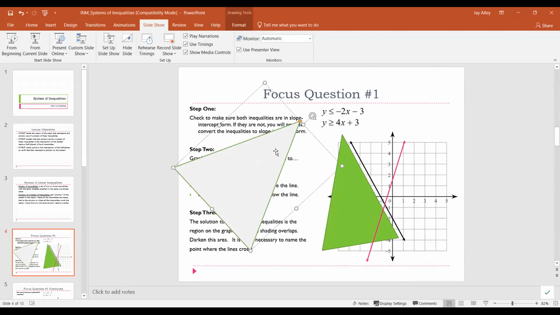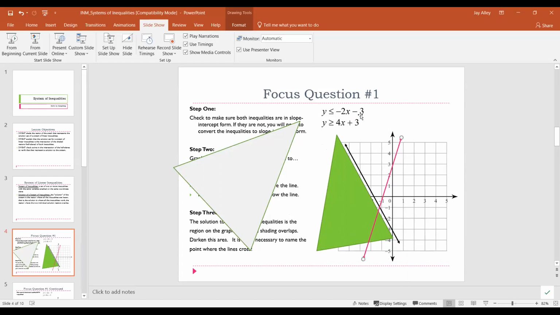Which one of those inequalities is that? It's got to be this first one because the black line has a negative slope, and of these two equations, only the first equation has a negative slope. The line shifted a little bit, probably because I've been messing with it. Move that over. There's my y-intercept at -3. Red line, y-intercept of +3.